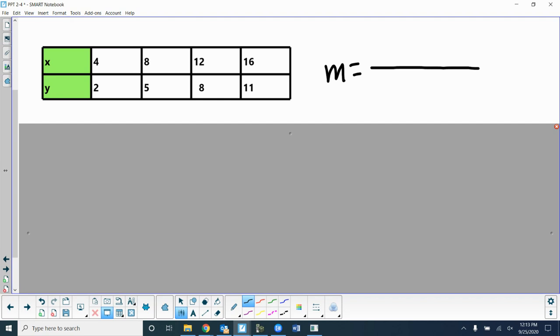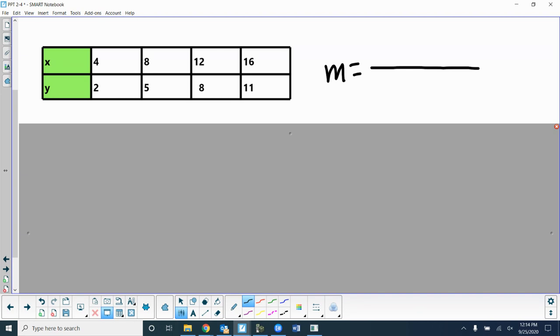Alrighty. Well, tell me what numbers you're looking at. Right, fill in the formula for me. Well, x is +4 and the y is +3. Okay? So how'd you get +4? 4 to 8 is +4. Right, 8 minus 4.